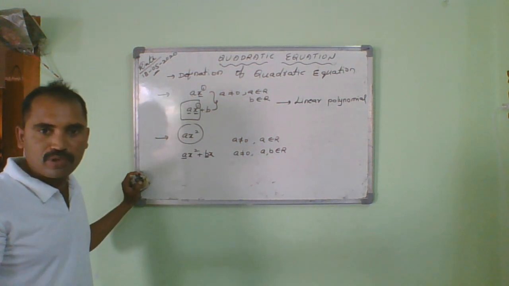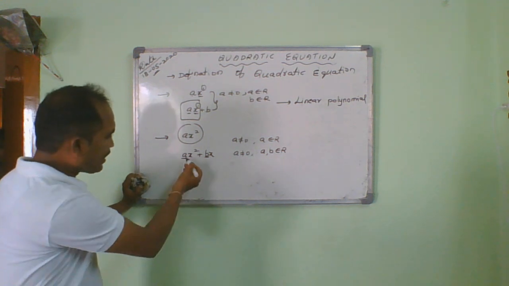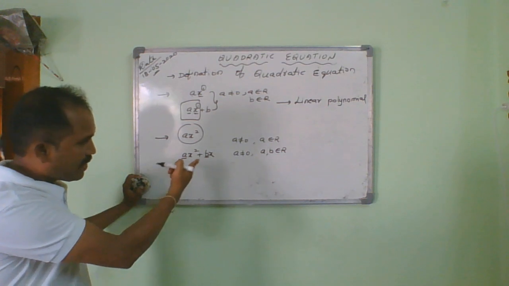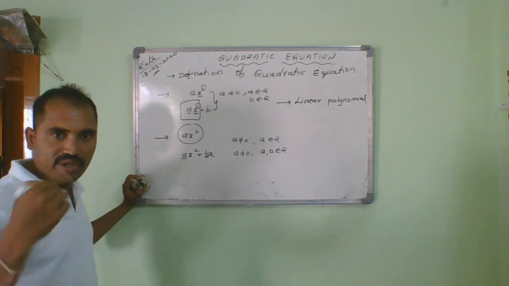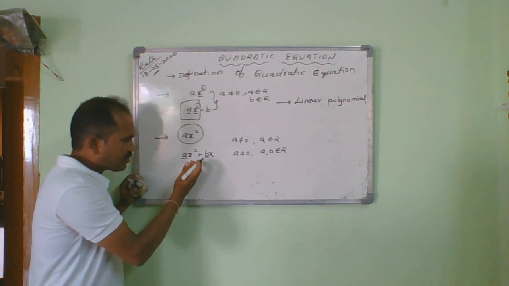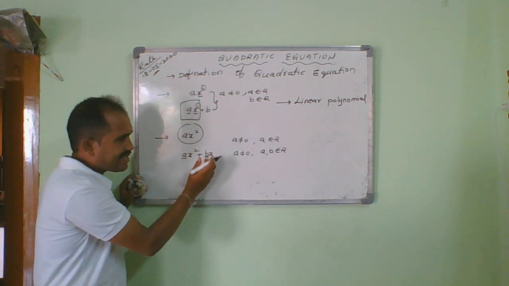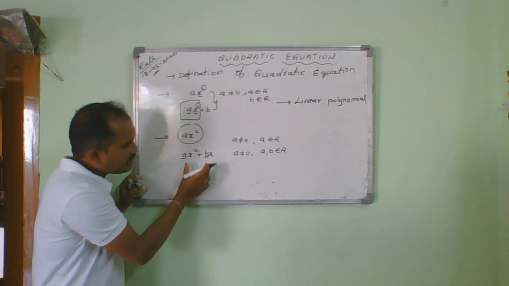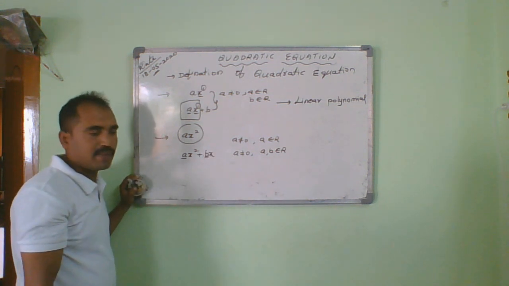So what is the variable in this expression? Here x is the variable. So the total expression is in only one variable. But the thing is that their powers are different. First term highest power is 2, second term power is 1. Right? So this is also one kind of quadratic polynomial.